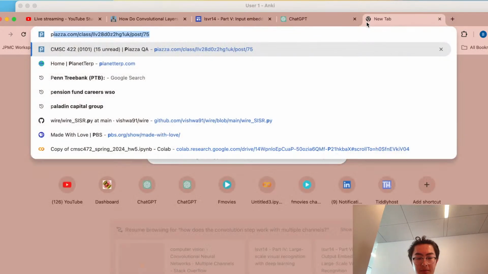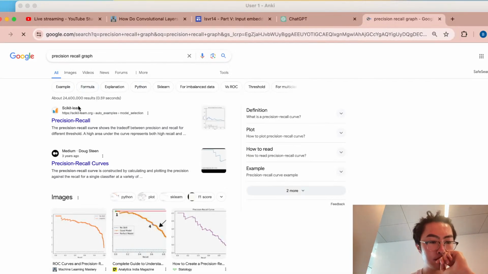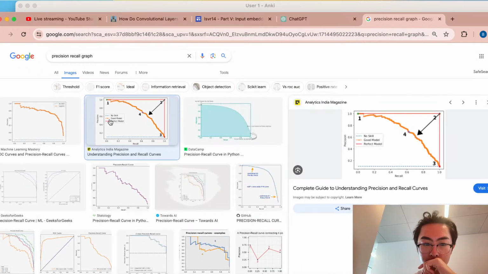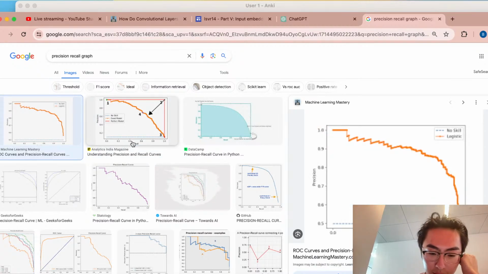So let's see the precision recall graph. I feel like understanding this dynamic is really important.